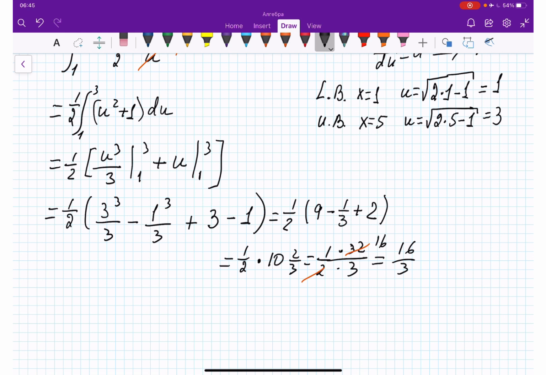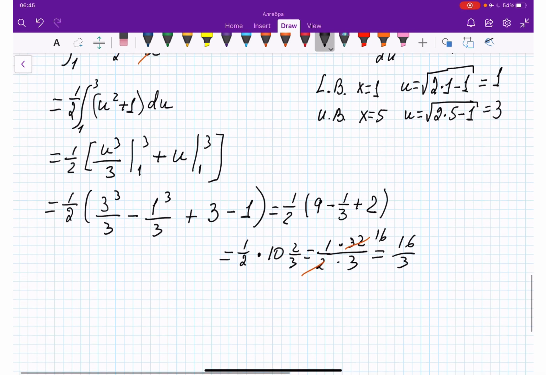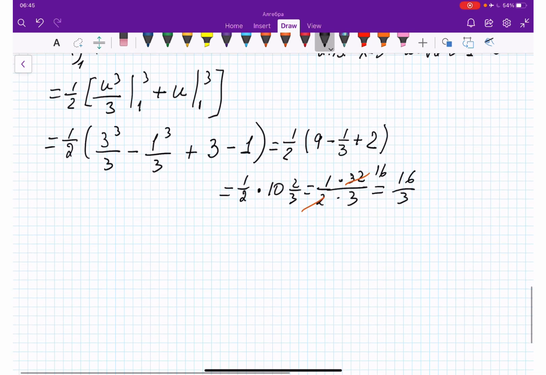So geometrically, we can interpret the equation the following way. This is the answer, obviously. Let me write down 16 over 3.